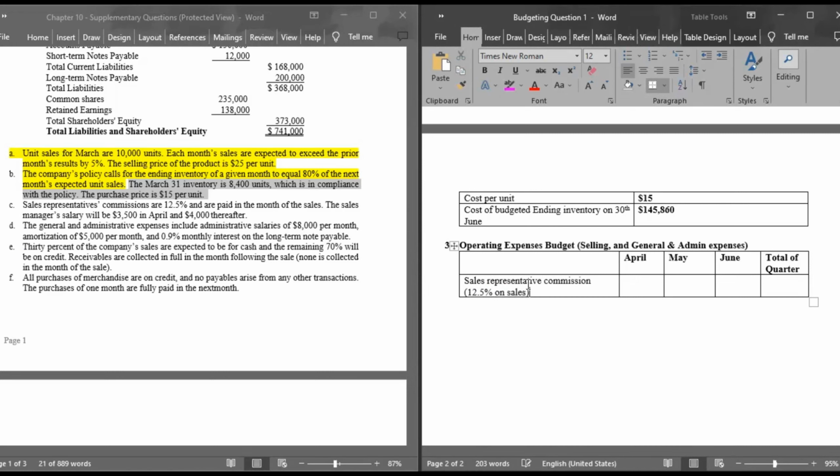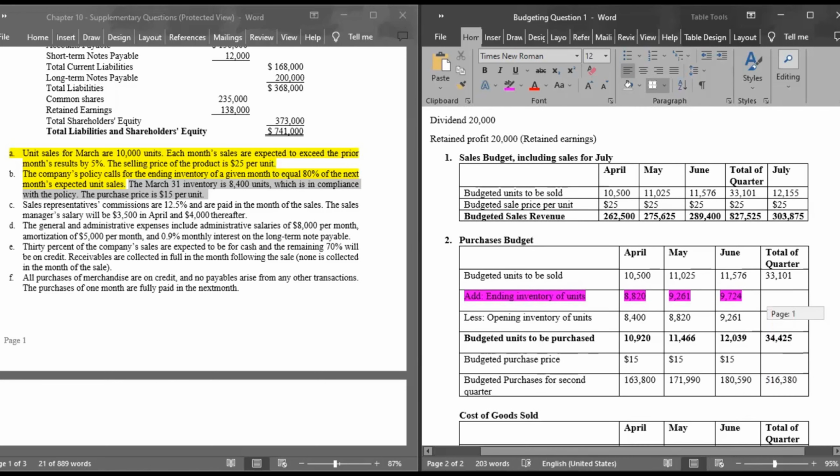Sales representative commission is always applied on sales. How much sales a sales representative has made will be given with 12.5% commission. So first of all, we should know the amount of sales in all these months and total in the quarter. We have calculated the budgeted sales revenue in our first requirement. In April, the budgeted sales revenue is 262,500, and May, June, and then the end of the quarter.